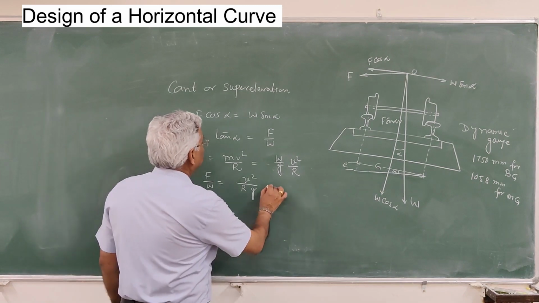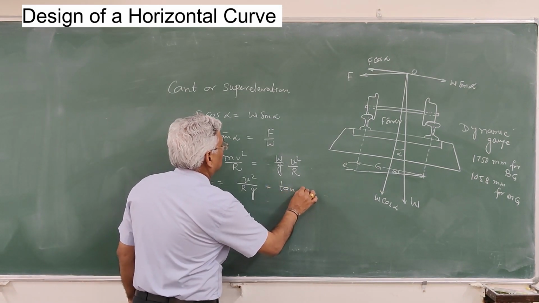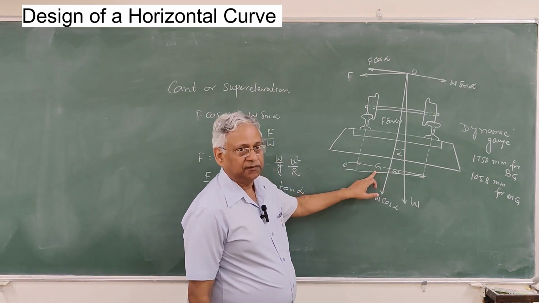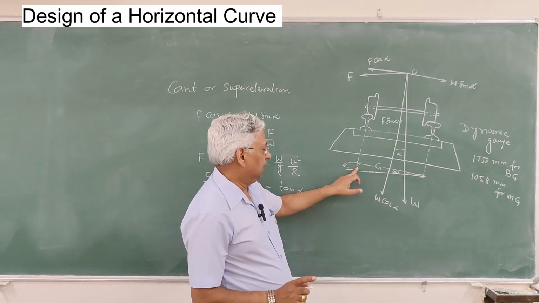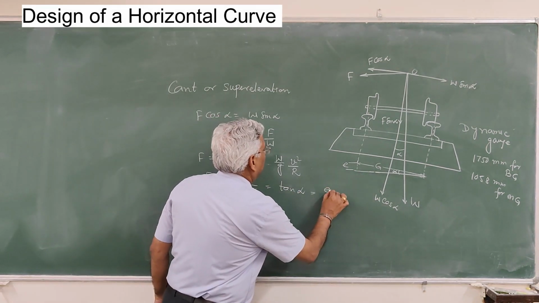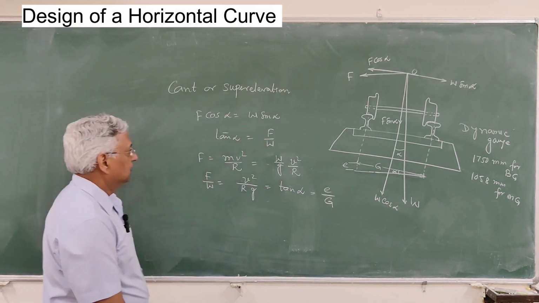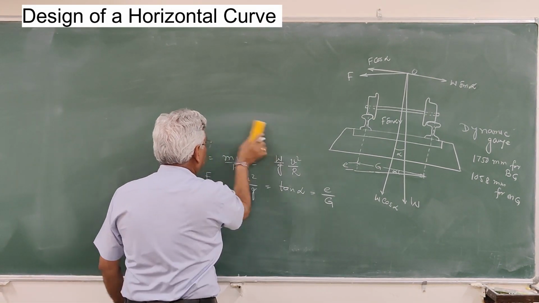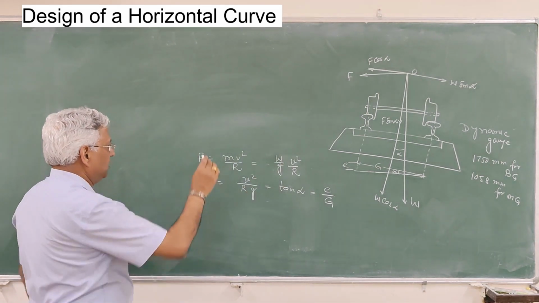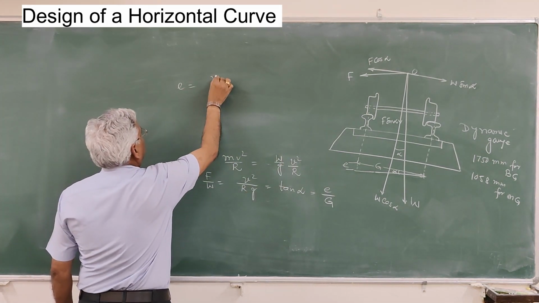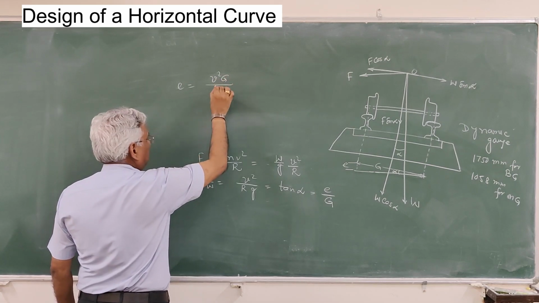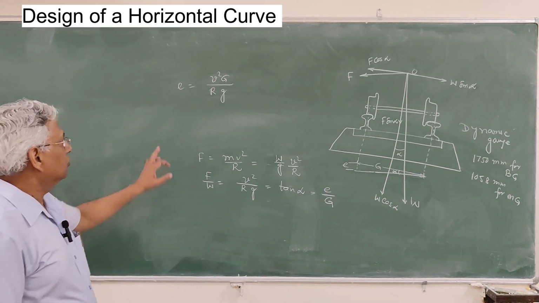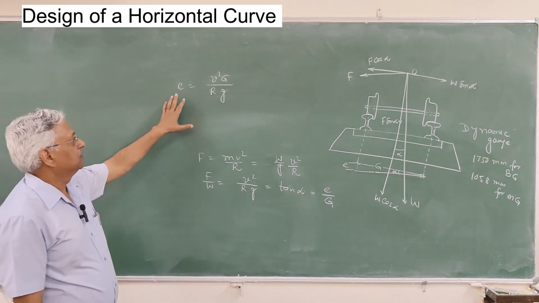So this is equal to tan alpha now, and tan alpha is E upon G, G dynamic gauge. Tan alpha is E upon G. And you can now write this equation that E is V square into G upon R into small g. That is superelevation in MKS unit.